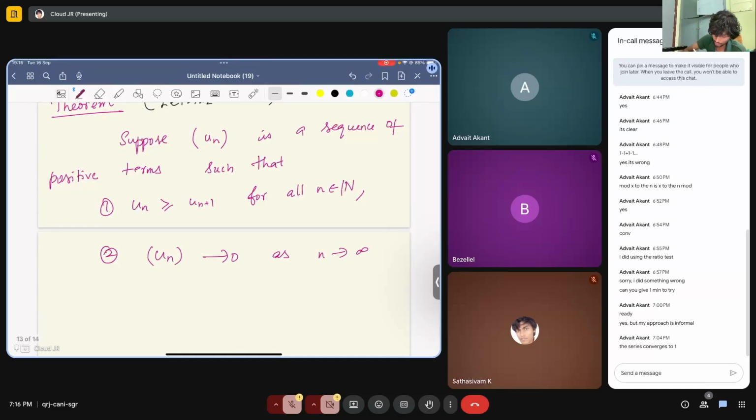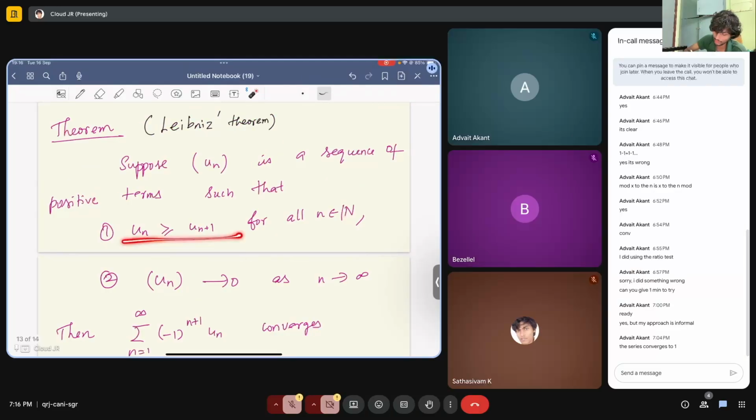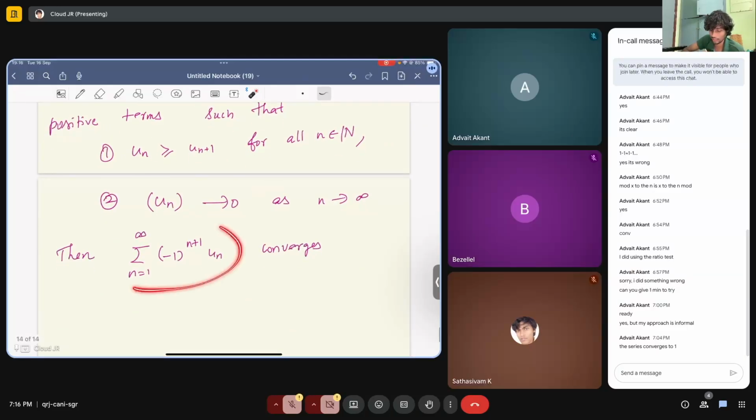Then what happens is, summation n equal to 1 to infinity of (minus 1) power n plus 1 times u_n converges. If the terms satisfy being monotonically decreasing as well as converging to zero, then your alternating series converges.